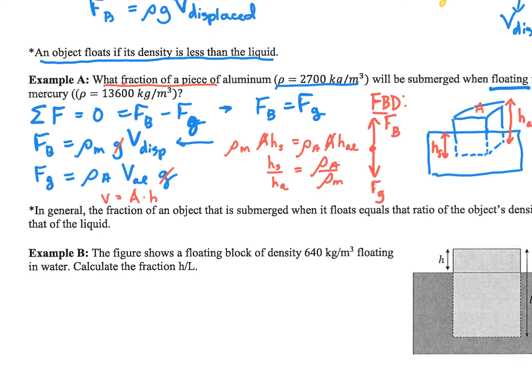I'm just manipulating that equation. Now we can plug in because these are the only two things they gave us, right? So let's plug in. What is the density of aluminum? And what's the density of mercury?